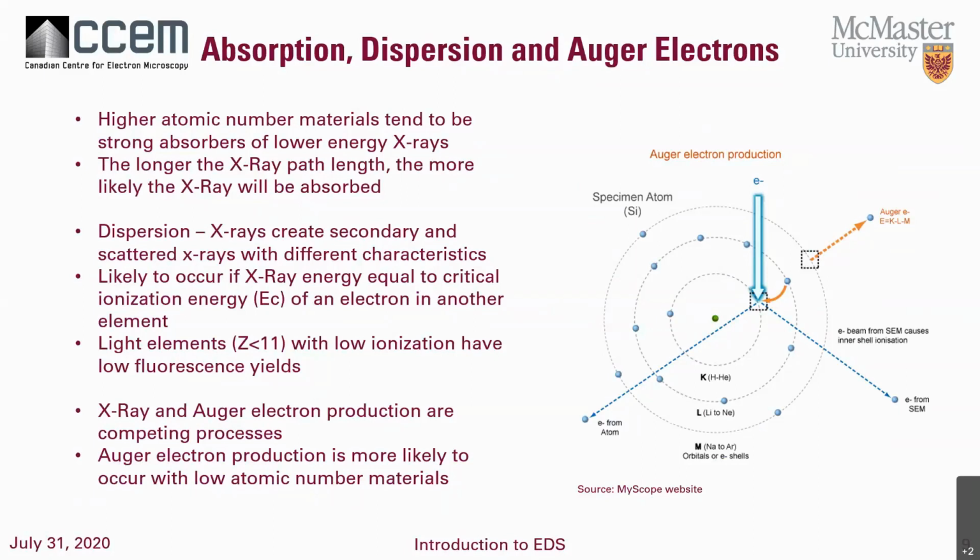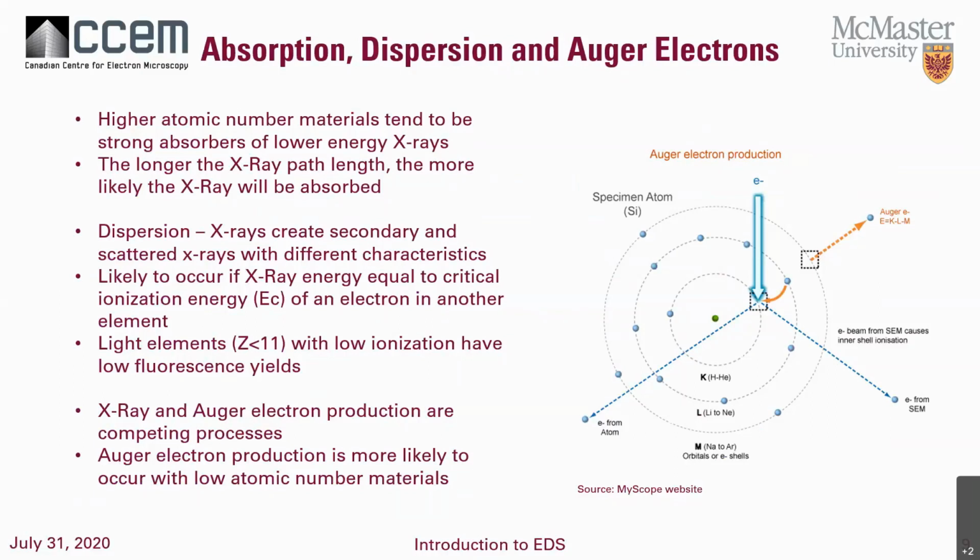Light elements tend to have very low ionization, and they also have low fluorescence yields. So we don't have it fluorescing and creating more X-rays.